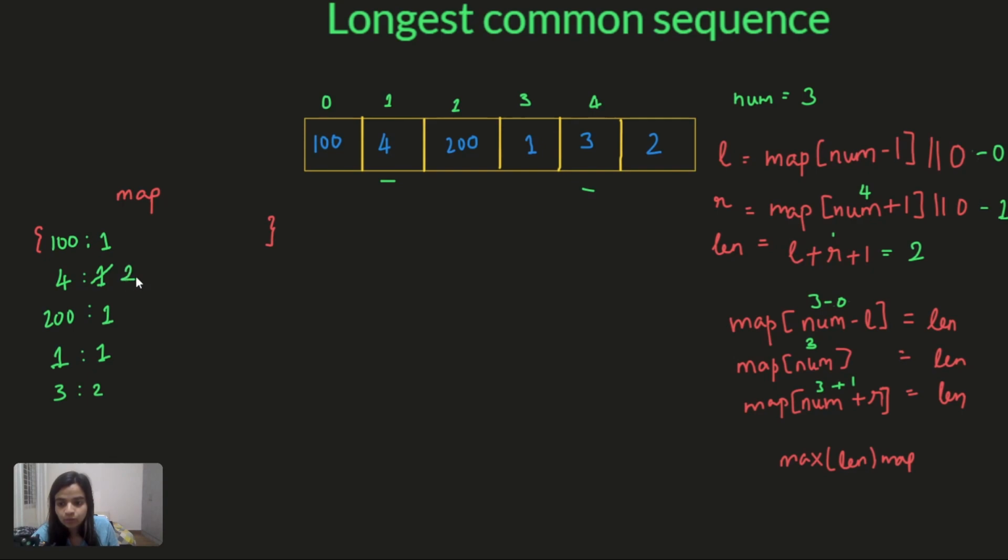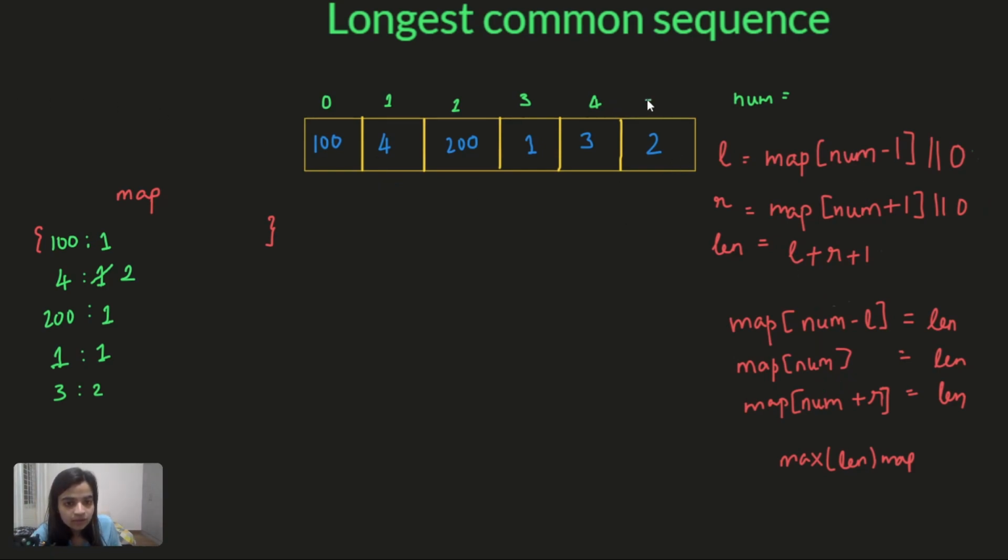So it's 2. So you can see that the extreme values are updated to the longest consecutive number. Similarly, if we keep continuing for all the elements, all the consecutive values will be updated with the longest sequence length. Okay, so let's complete the final iteration.